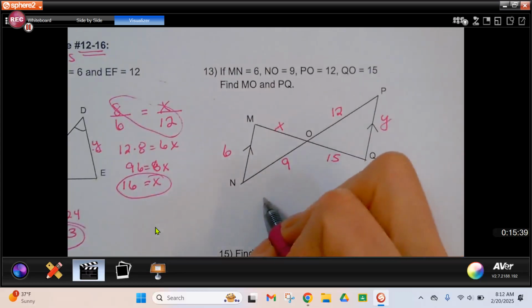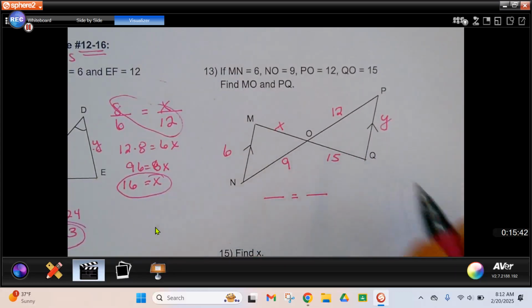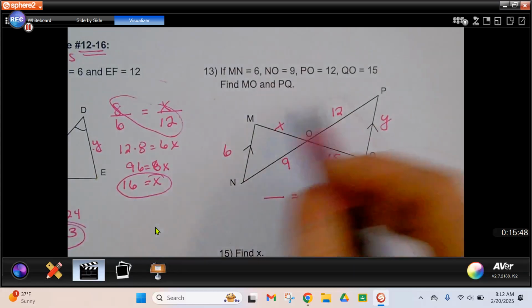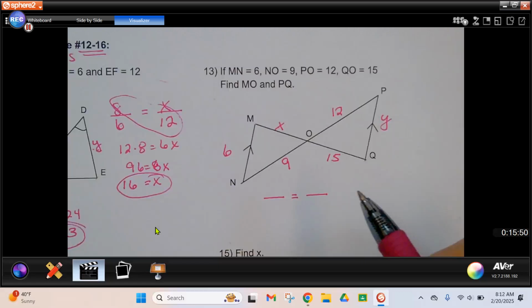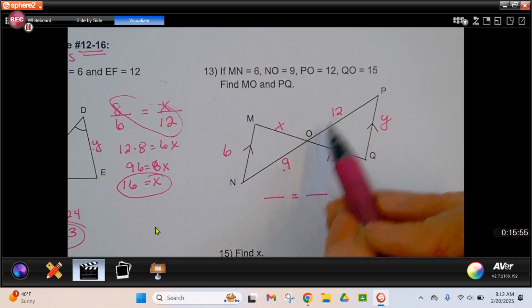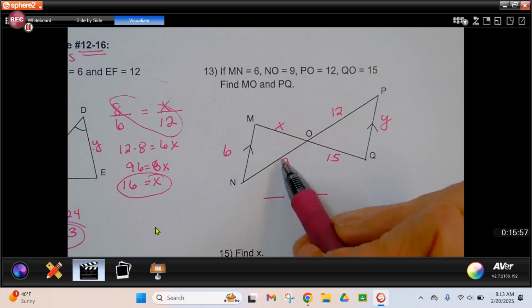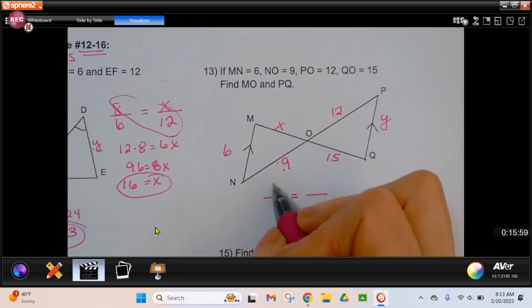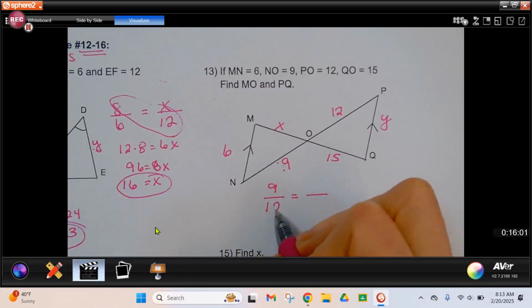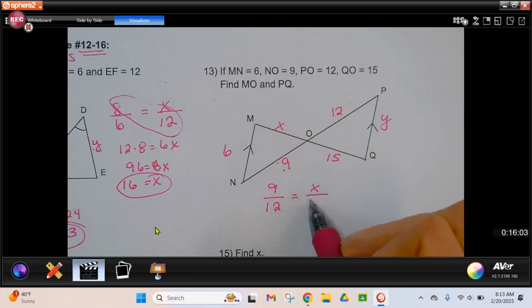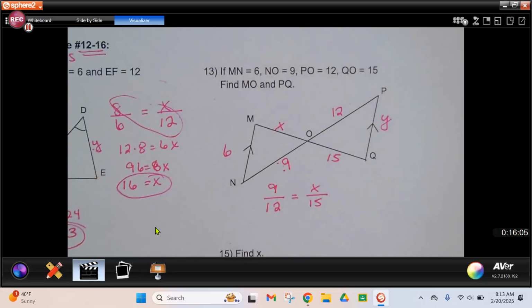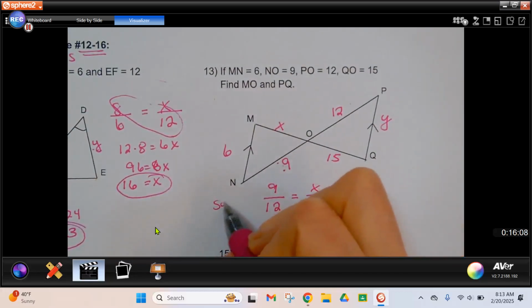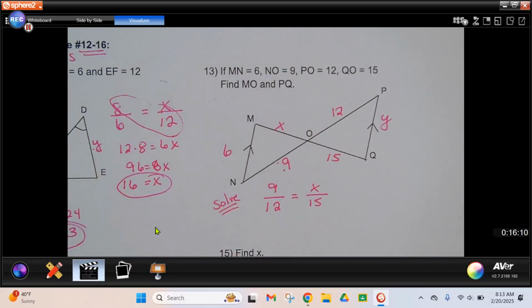So we need to set up a proportion and solve. A pair of sides that we know for sure that are corresponding sides are 9 and 12. We know those two numbers for sure. So this side corresponds with this side. So I'm going to put 9 with 12, and then I'm going to put x with 15. And I can solve that proportion. You go ahead and solve that for x.